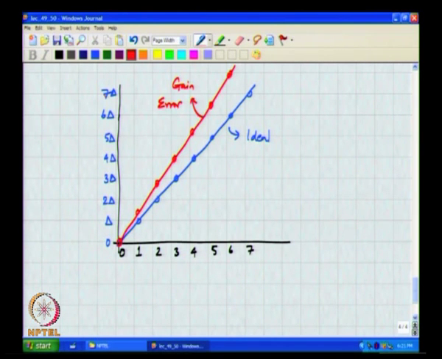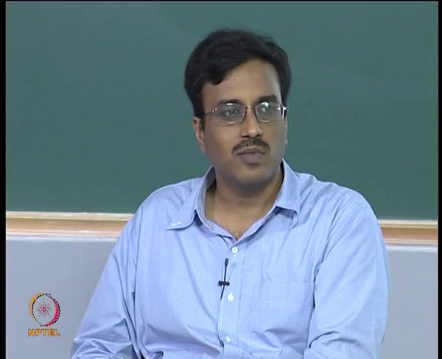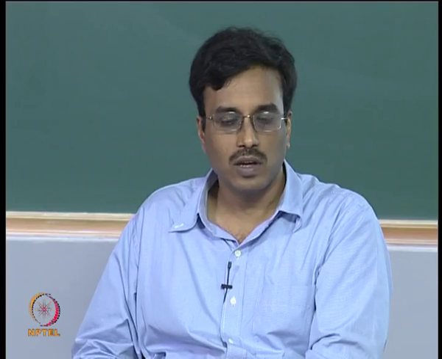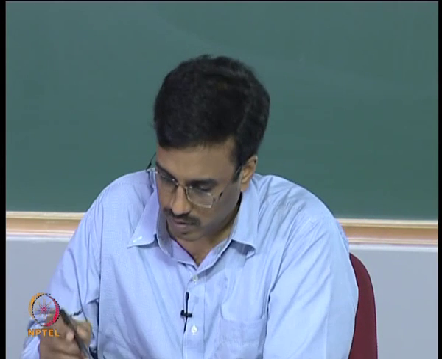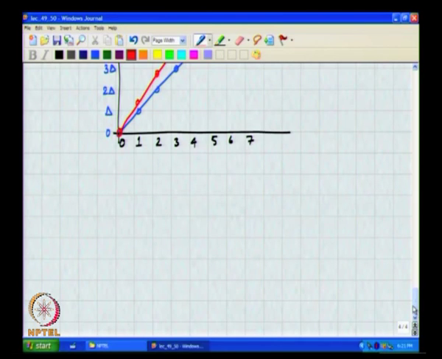Okay. So, gain and offset errors are not really that problematic in a system, because both of these will be calibrated out anyway. What is important is that the straight line remains a straight line. Of course, that is not true either.